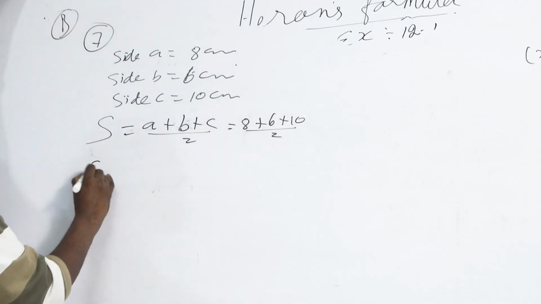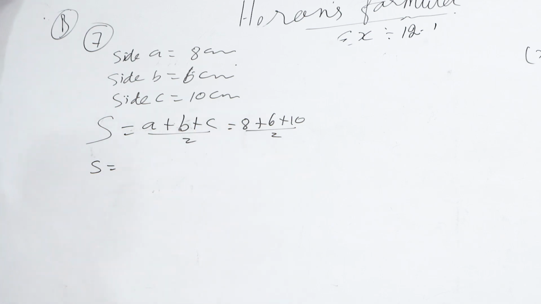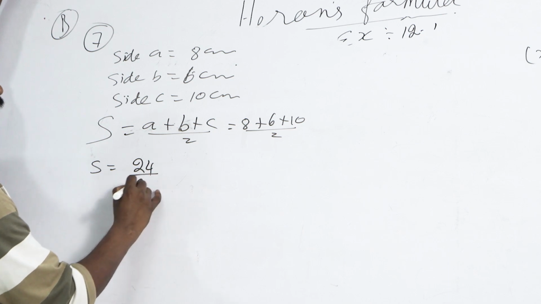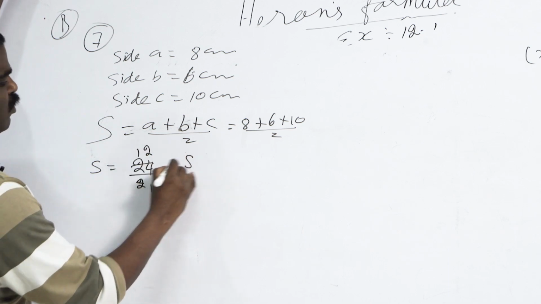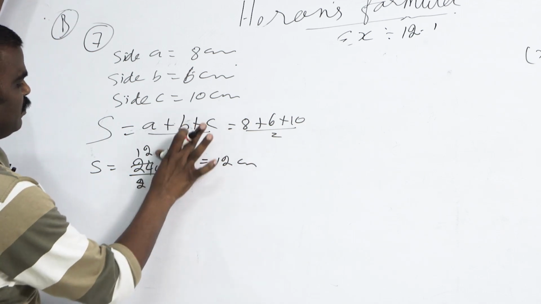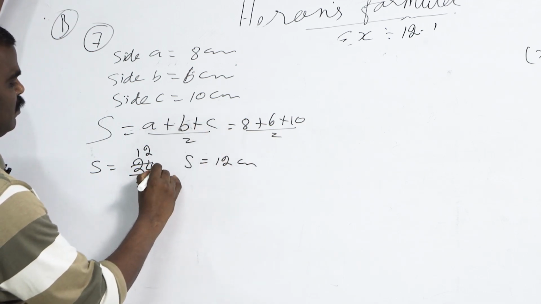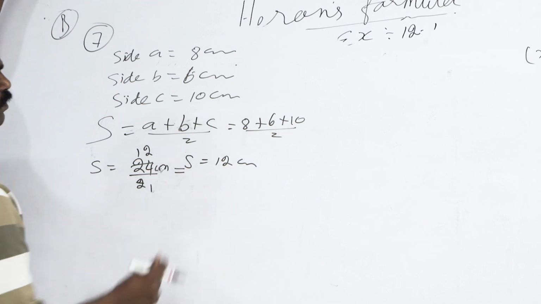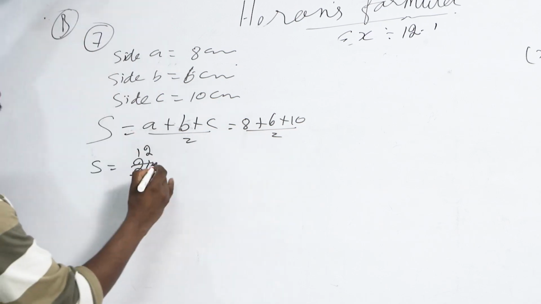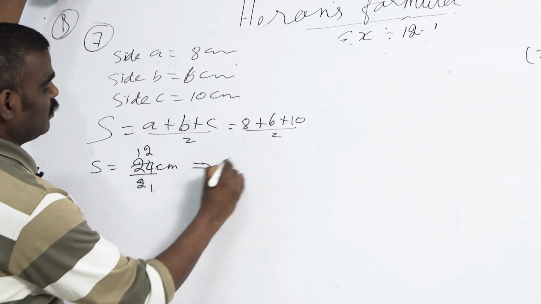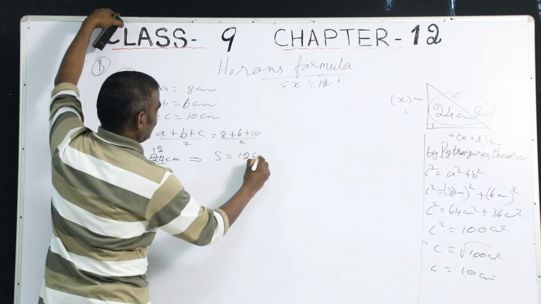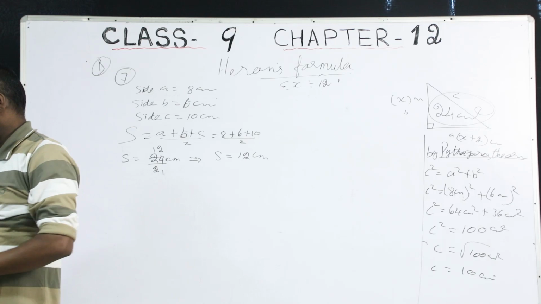S equals how much? 8 plus 6, 14. 14 plus 10, how much? 24 by 2. S equals how much? 12 centimeter.